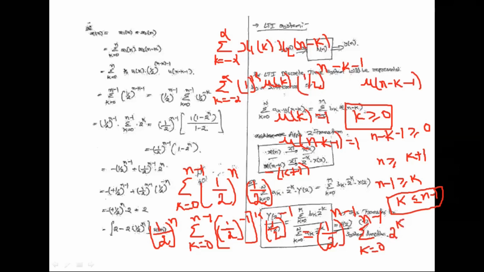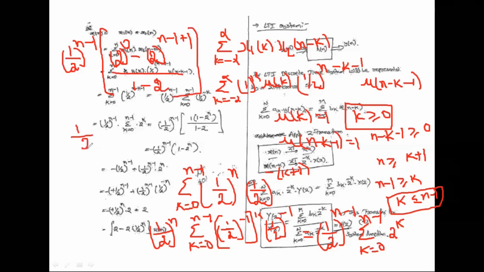Now it is in the form of the sum of n equal to n1 to n2 of a power n. What is the formula? We get 1 by 2 whole power n minus 1, whole multiplied with a power n1, so 2 power 0 because n1 is 0, minus 2 power n2 plus 1, where n2 is n minus 1, so plus 1, and whole divided by 1 minus 2.